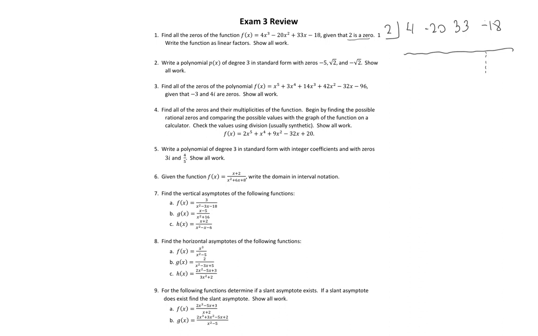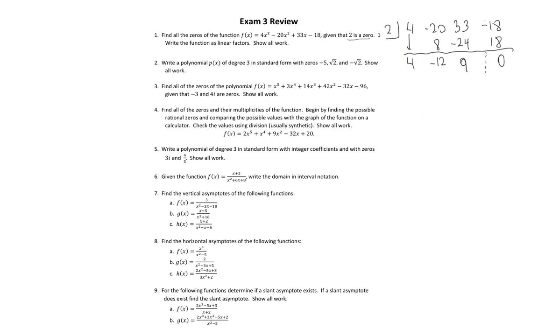First thing I'm going to do is bring down the 4. 4 times 2 is 8, minus 12. Minus 12 times 2 is negative 24, which we get 9. And now 9 times 2 is 18, and we get 0.